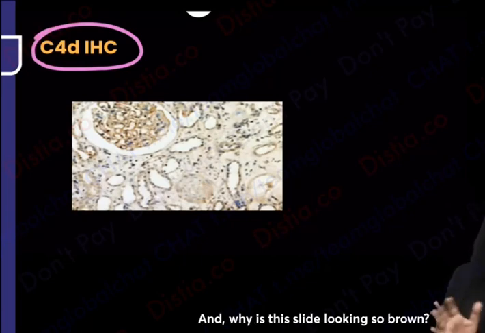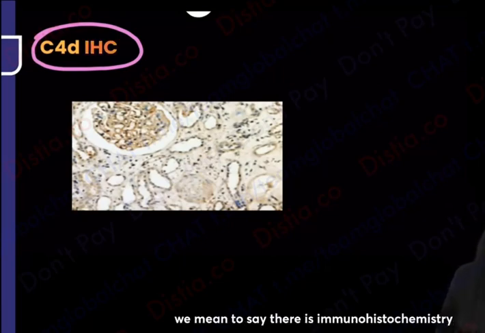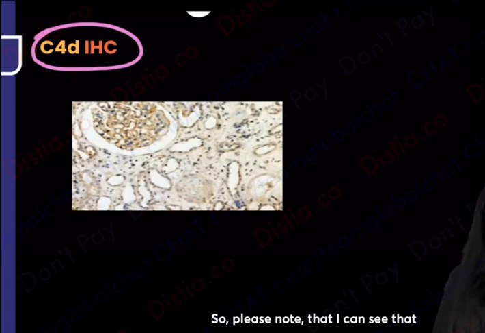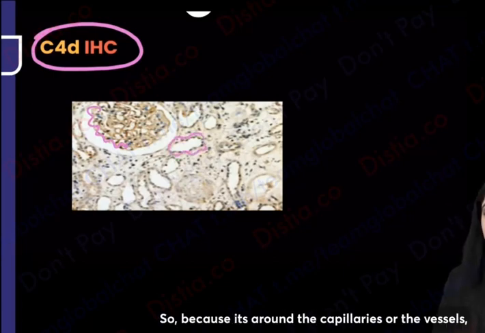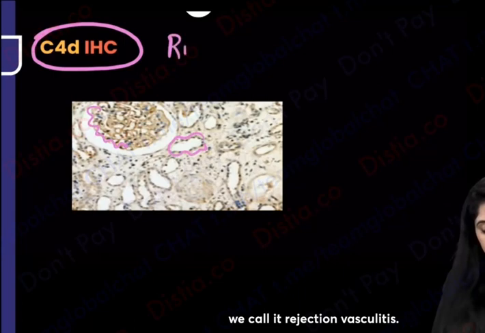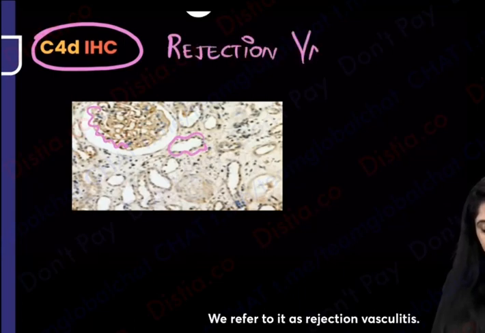And why is this slide looking so brown? Because when I say brown in pathology, we mean there is immunohistochemistry that has been done. Please note that there is a brown color around the capillaries over here and around the capillaries over here. Because it's around the capillaries or the vessels, we call it rejection vasculitis.